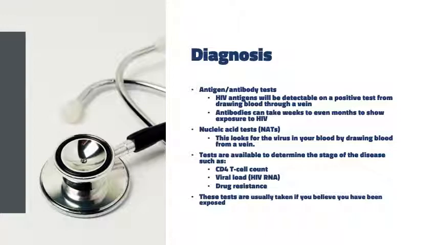Then there are nucleic acid tests, which look for the virus in your blood by drawing blood from a vein. And then there are tests available to determine the stage of the disease, such as CD4 T cell counts, viral loads of the HIV RNA, and drug resistance. And these tests are usually taken if you think you've been exposed.